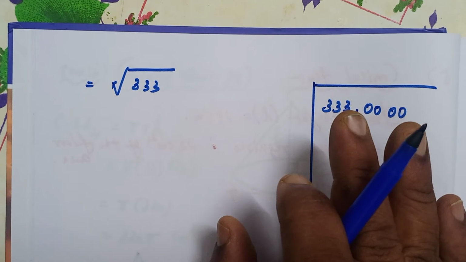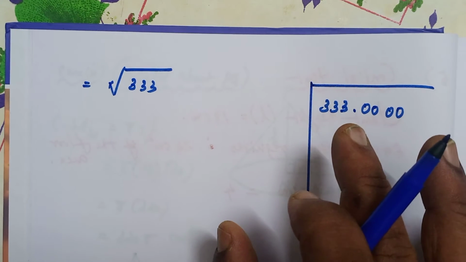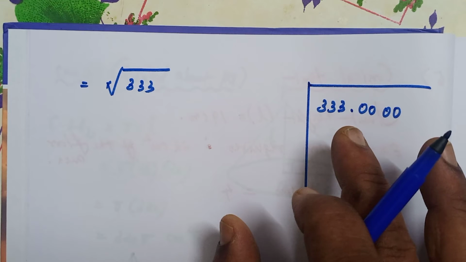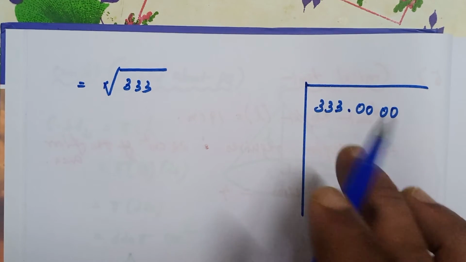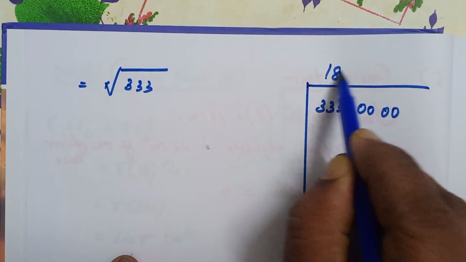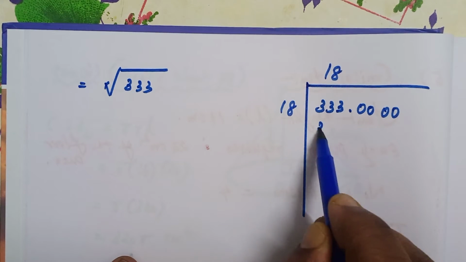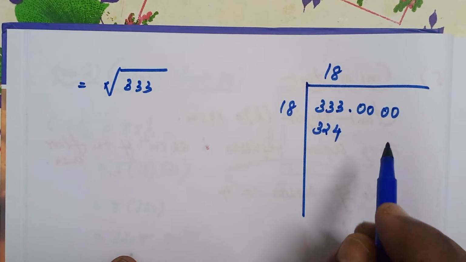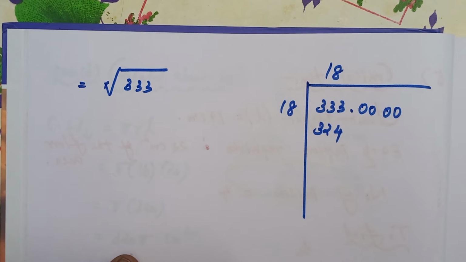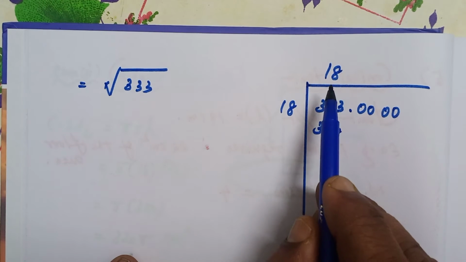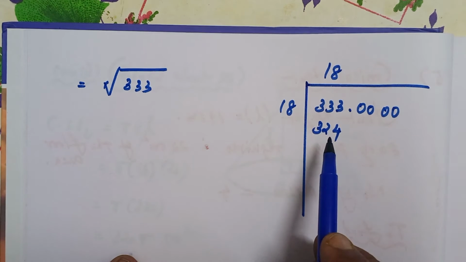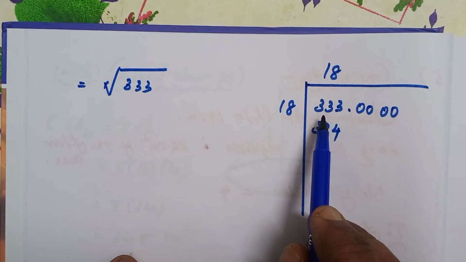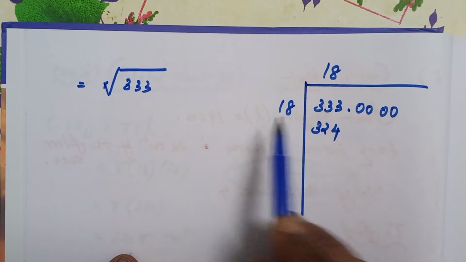Now we can go up to 17 17s are 289, 18 18s are 324. So we can go up to 18. No chance of taking 19. If you take 19, here also you have to take 19. 19 19s are 361. That will be exceeding 333. So you can take only 18.